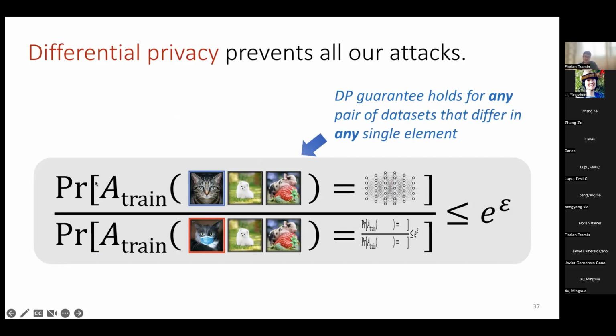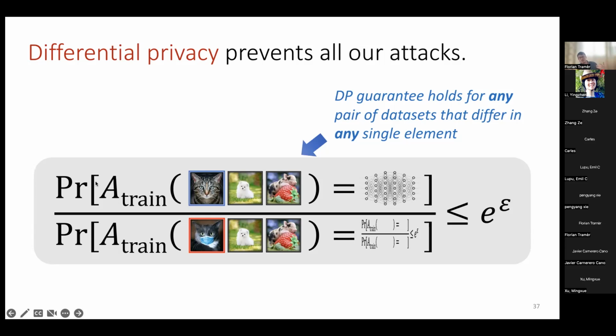So differential privacy provably prevents all of the attacks we saw today. Because what differential privacy guarantees, and this is a provable guarantee that holds for any pair of data sets that you consider where the data sets only differ in one example, is that the output distribution of your training algorithm is going to be roughly the same.